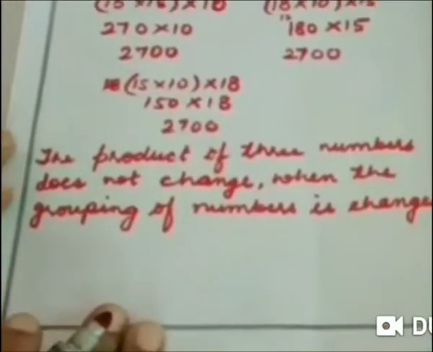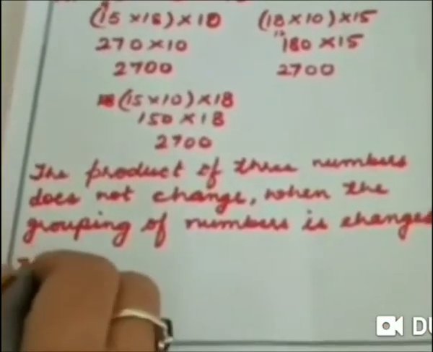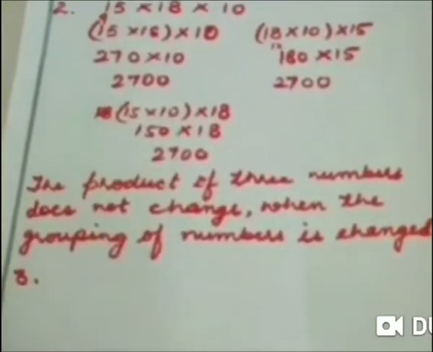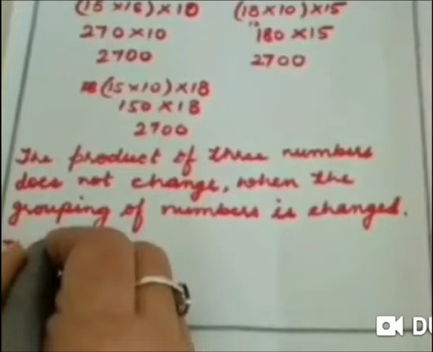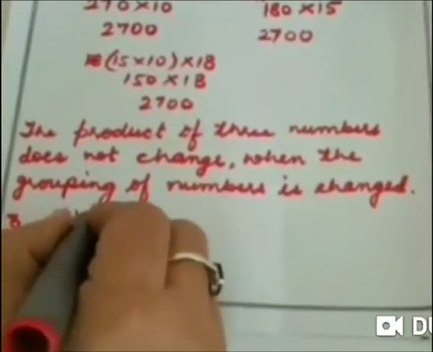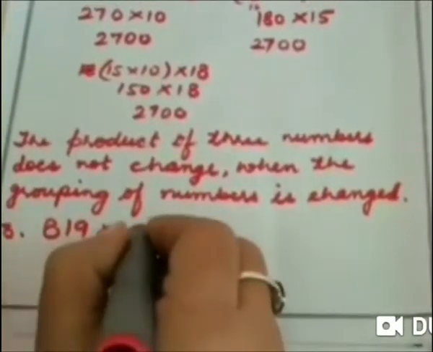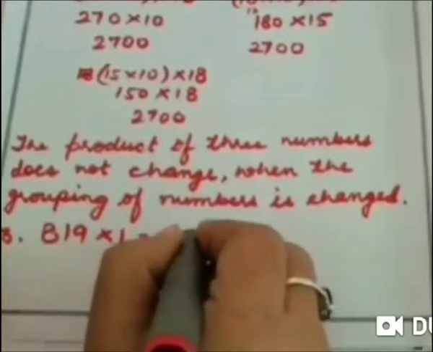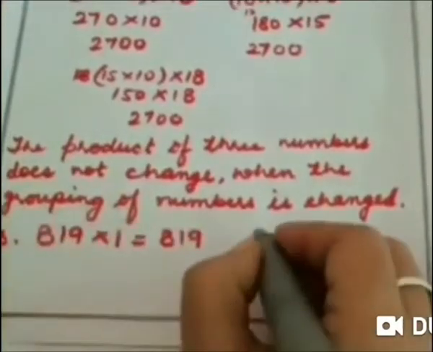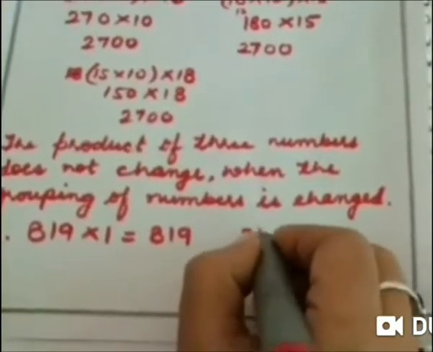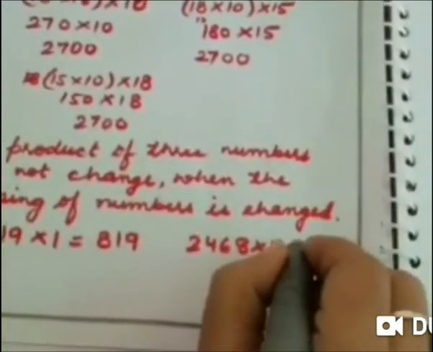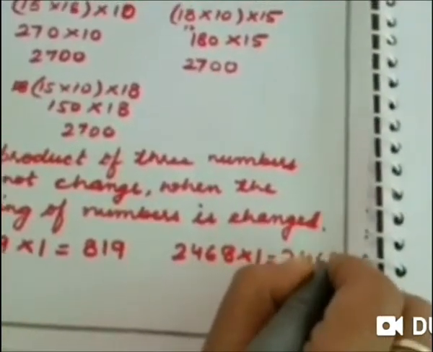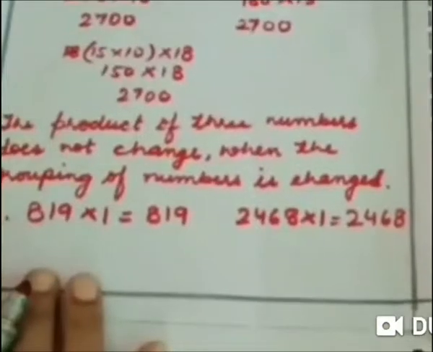Now children, coming to the third property. What will be the product if I multiply a number by 1? Suppose I multiply 819 by 1. What will be the product? The number itself. Similarly, if I multiply 2468 by 1, again the product will be 2468. Now what do you observe here?